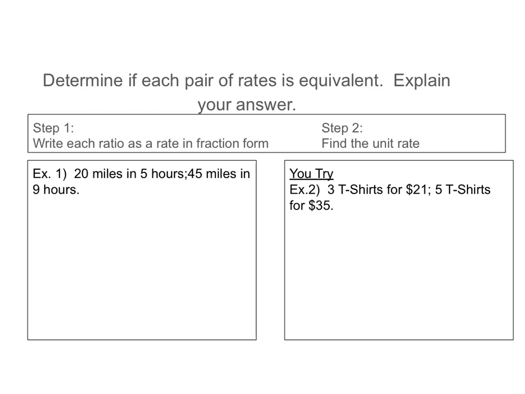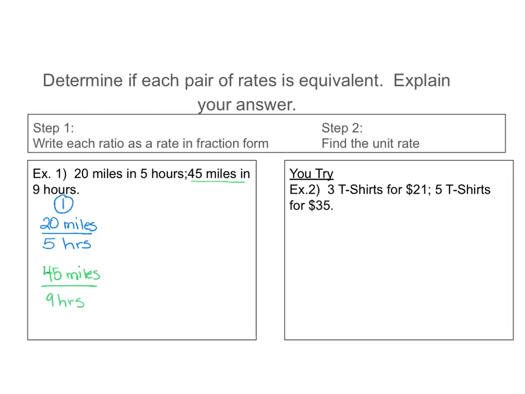So the first step is to write it in fraction form. So I'm going to write 20 miles for 5 hours. Okay? And then for my second one, I'm going to write 45 miles in 9 hours.